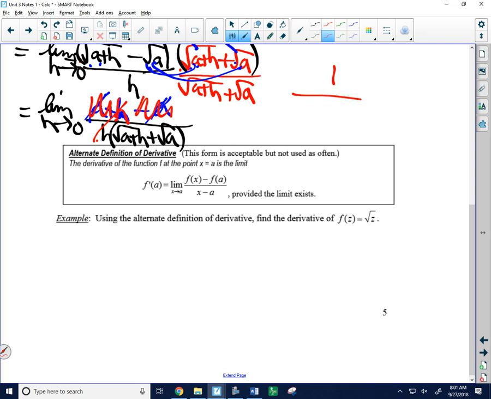And since I canceled the h, now I can plug in 0. So it's radical a plus 0 plus radical a. So here's the final derivative, 1 over, well, this is just radical a, right? A plus 0 is a. So radical a plus radical a is 2 radical a.